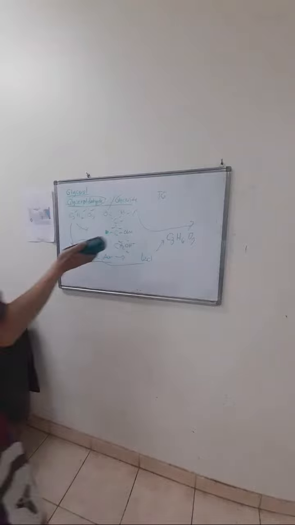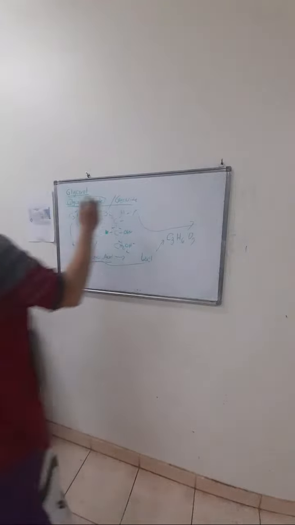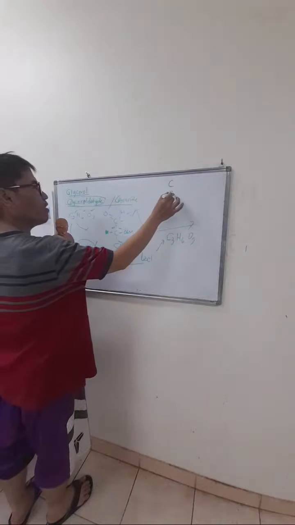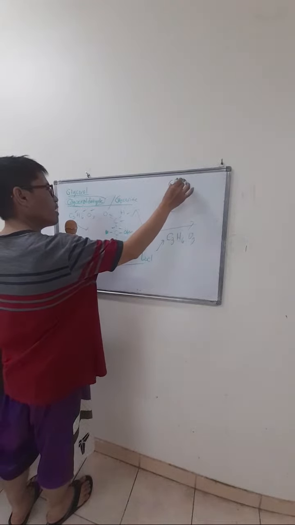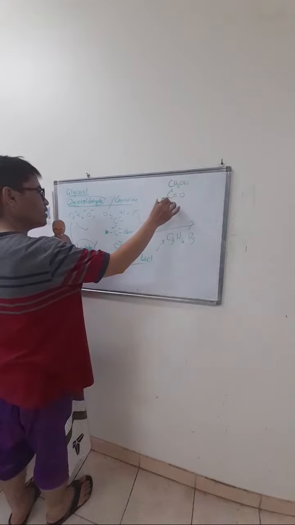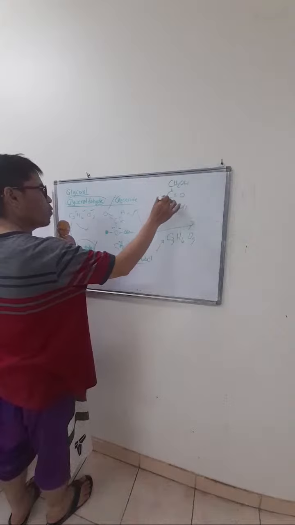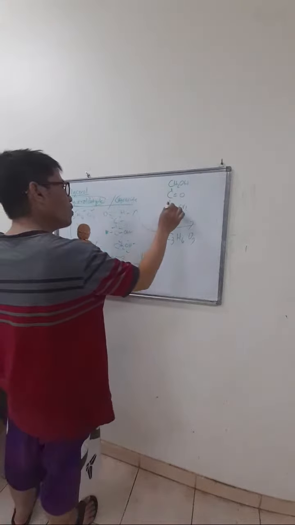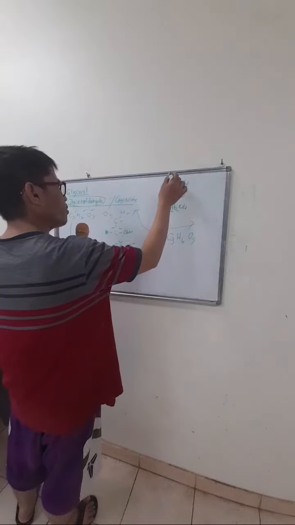The ketone version, so this is 1, 2, 3. Double bond oxygen is on the second carbon. CH2OH, then CH2OH. Like that. So 1, 2, 3, bingo. How many hydrogen? 1, 2, 3, 4, 5, 6. Oxygen 1, 2, 3. And carbon also 3.